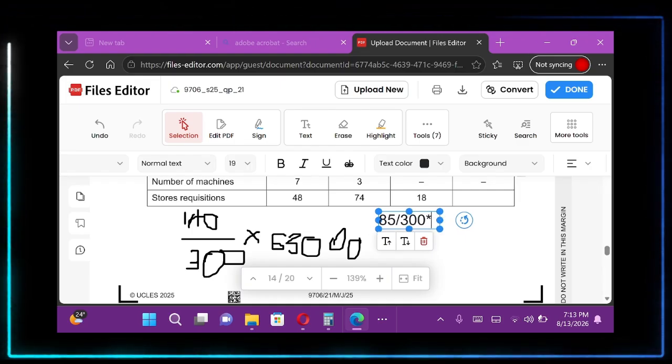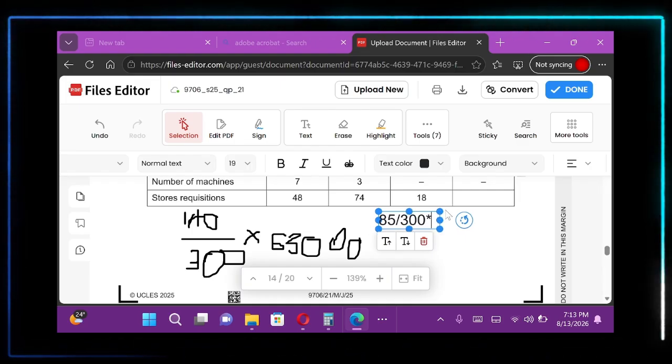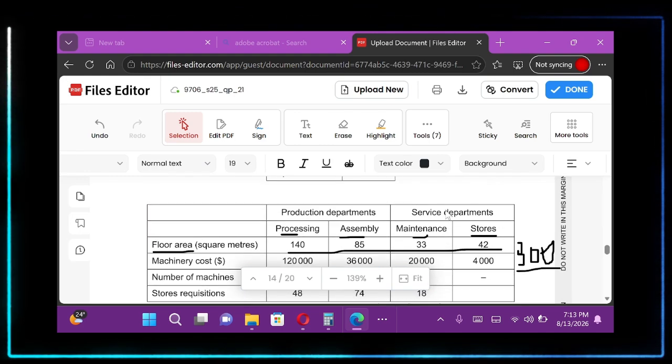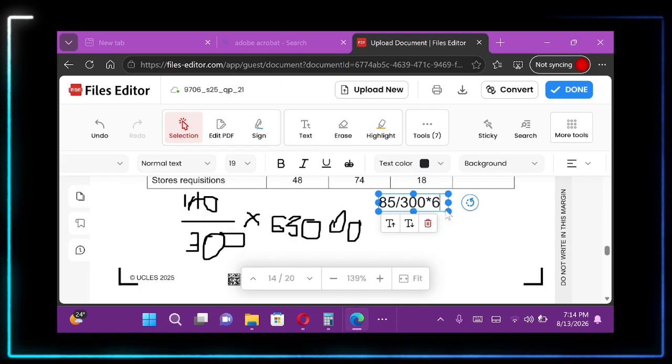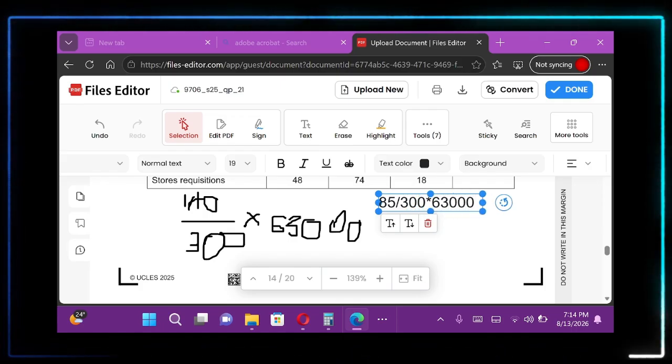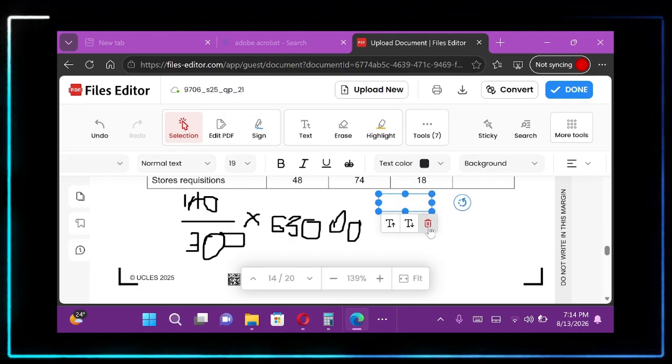Okay, 85 divided by 300 multiplied with rent, the amount of rent, 63,000. Okay, so that's what we're going to do.